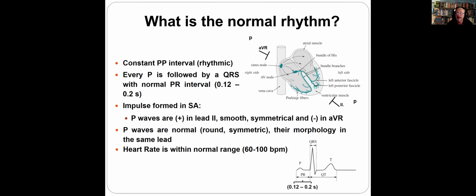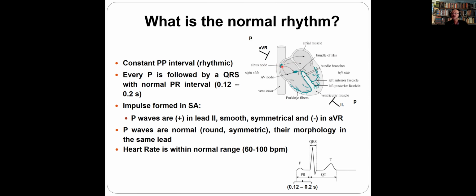How do we know what a normal sinus rhythm is? It means that every impulse is made by the sinus node, and the impulse is propagated from this portion to the other areas of the atrium and later on the ventricle.